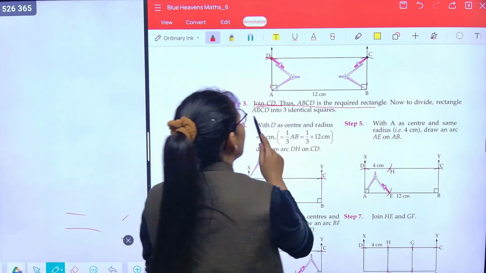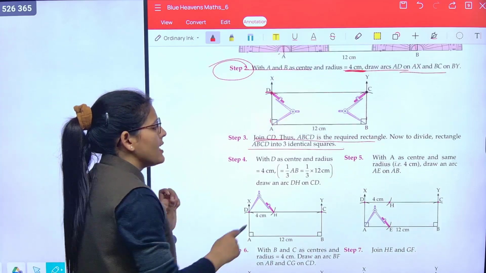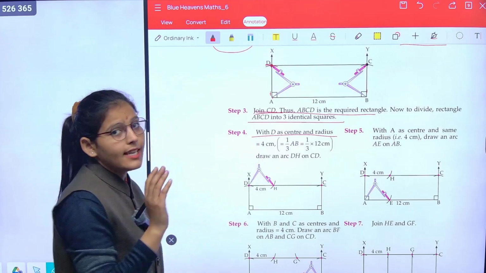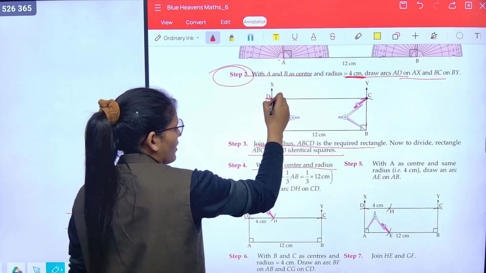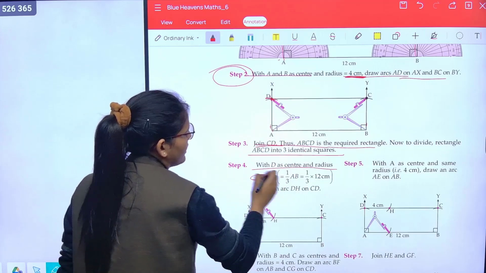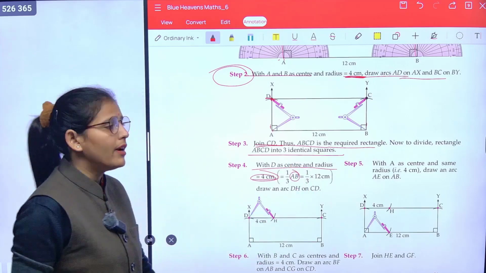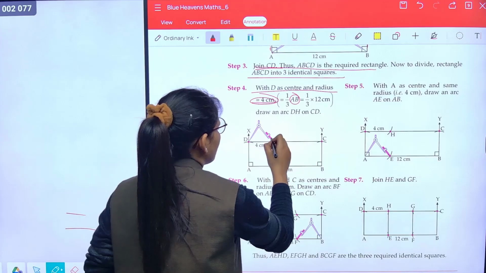Now to divide rectangle ABCD into 3 identical squares, with D as center and radius 4 centimeter, 1/3 AB, 1/3 multiplied by 12. Now class, that is, you can see here, हम उसको यहाँ पे arc लगाएंगे.